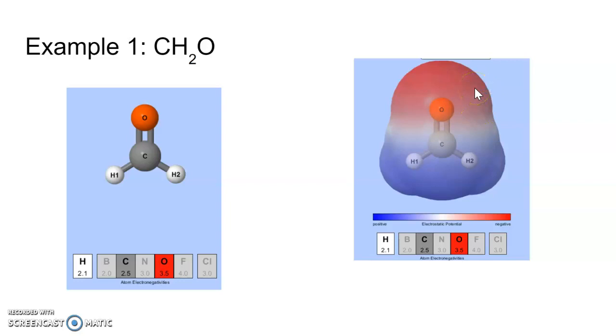Again, along the y-axis it's completely symmetrical, but once I look along the x-axis, this would no longer be symmetrical. And as I said, it's confirmed by the electrostatic potential map that we're looking at.